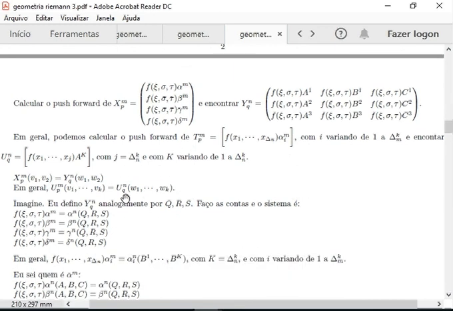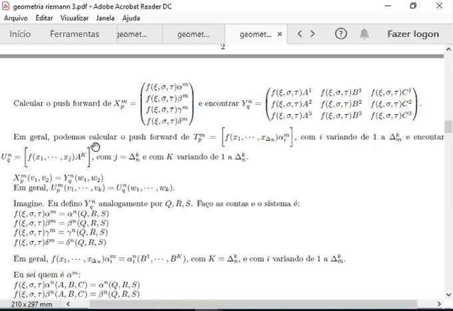Now we have to calculate the push forward of XPM, and we will find big Y Q N. Contemplate it. On one side we have F alpha m, F beta m, F gamma m, F delta m, and on the other side we have F A1, A2, A3, F B1, B2, B3, F C1, C2, C3.